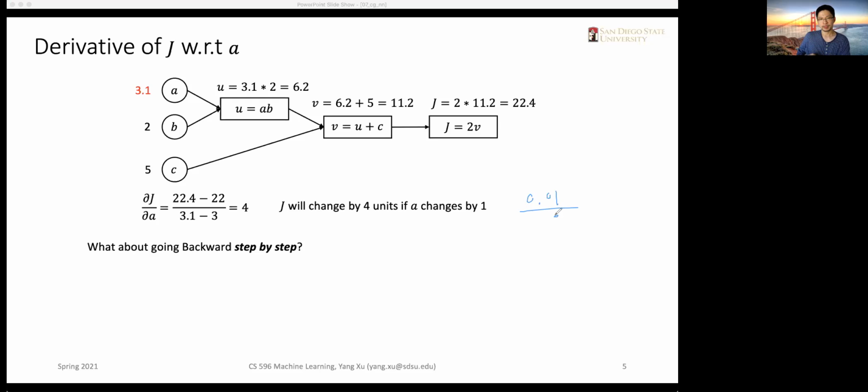All the previous steps we did were from the input to the output: given the input values, we computed the intermediate values, u to v, v to J. Now, because it's the partial derivatives of the cost function with respect to some inputs, we can utilize the principle that we already used when we derived the gradients for logistic regression.